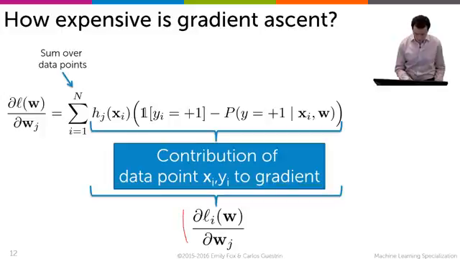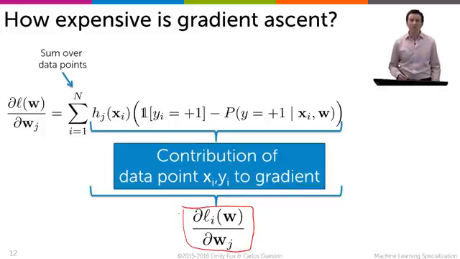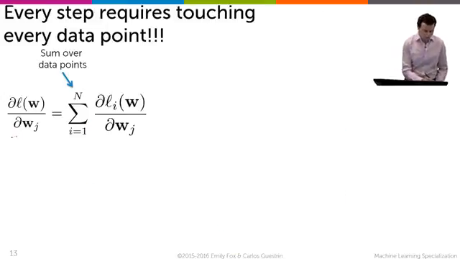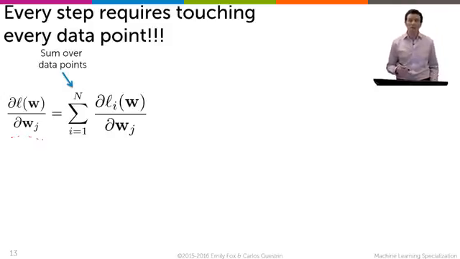I'm going to denote by this term, the derivative L subscript i with respect to parameter wj, the contribution of the ith data point to the gradient. And what we're doing here is summing up each one of these contributions in order to compute the final gradient that we're going to take, the final update for the parameters.